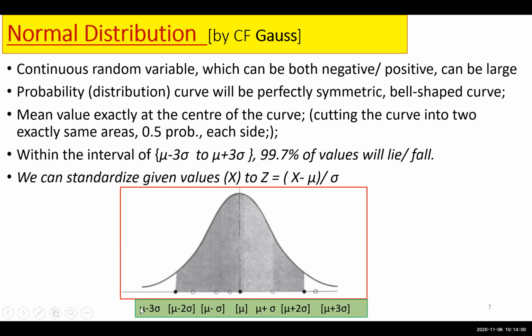And the last one is mu minus 3 sigma to mu plus 3 sigma. In this area, almost everything will be contained. This is the beauty of normal distribution. Whatever the value of x, if you can find the mean and standard deviation, within this range, 99.7% of the values will lie. This is the property I was telling you.